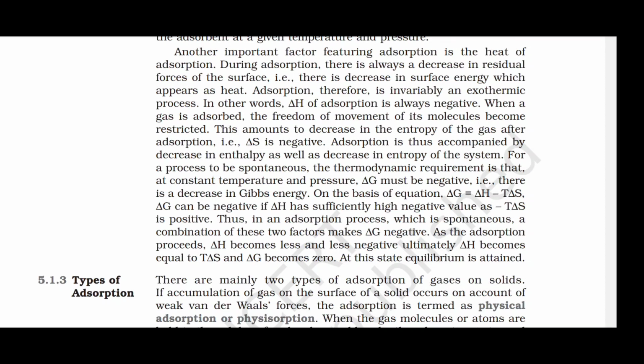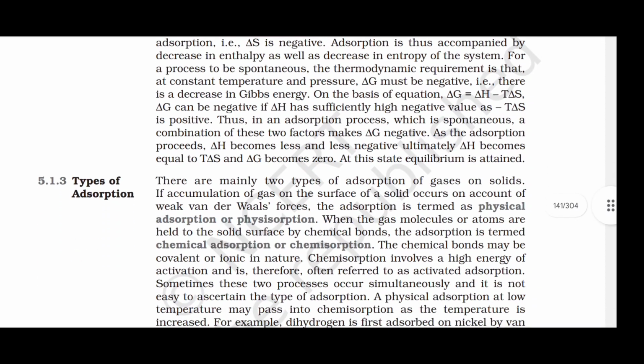Types of adsorption. There are mainly two types of adsorption of gases on solids. If accumulation of gas on the surface of a solid occurs on account of weak van der Waals forces, the adsorption is termed physical adsorption or physisorption.